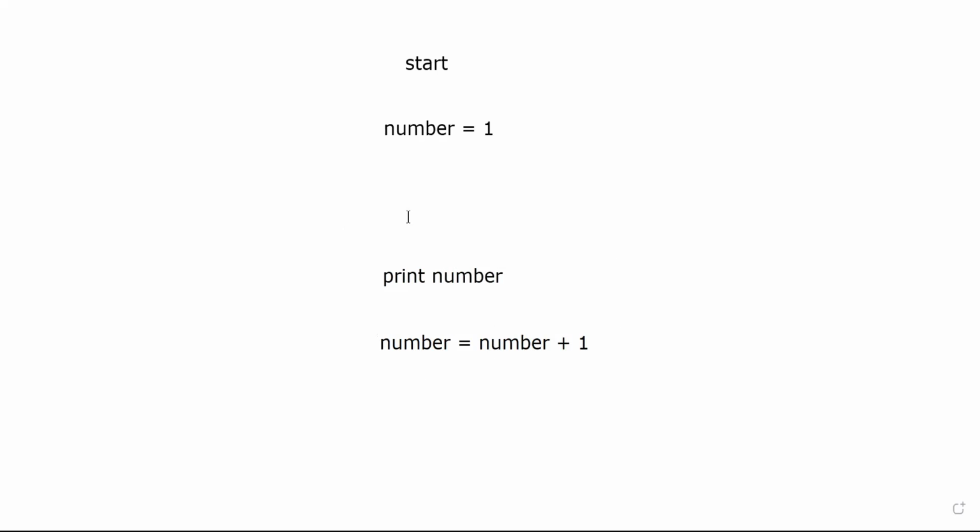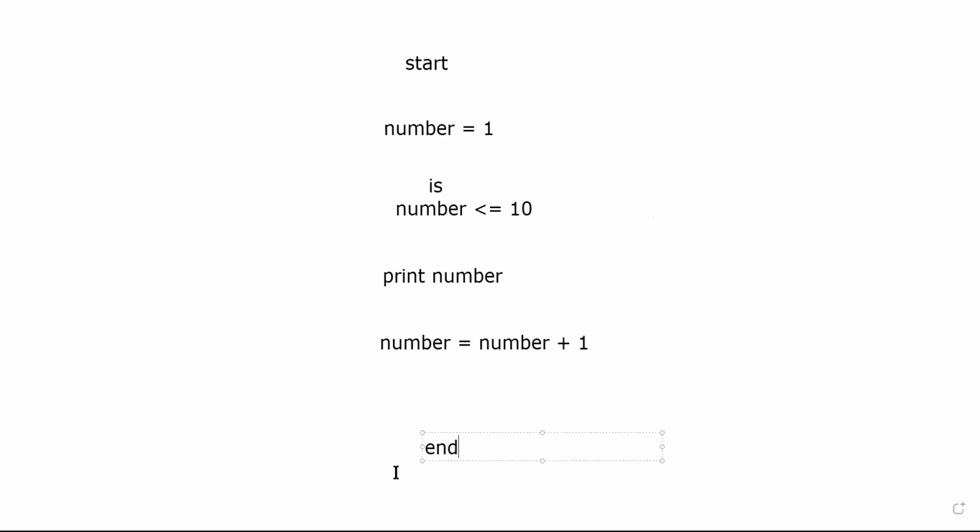Now to repeat this, we have to check something. The condition that I'm going to check is, I'm going to say, okay, is number less than or equal to 10, right? So this is exactly what I'm trying to check here, right? If that is the case, then finally we will end.